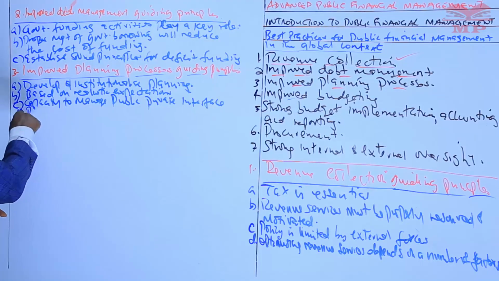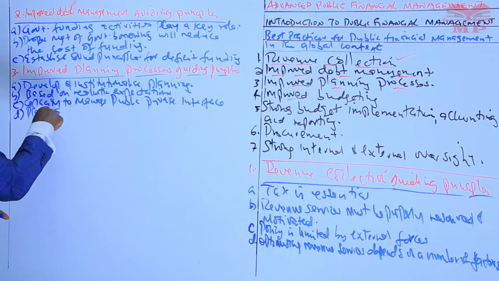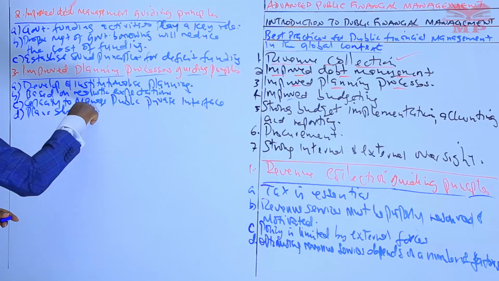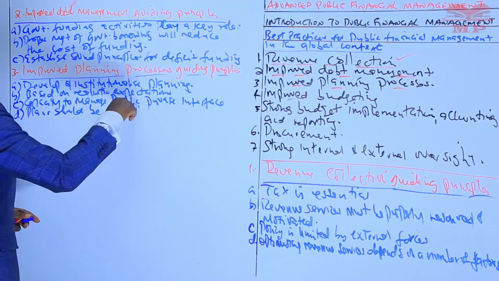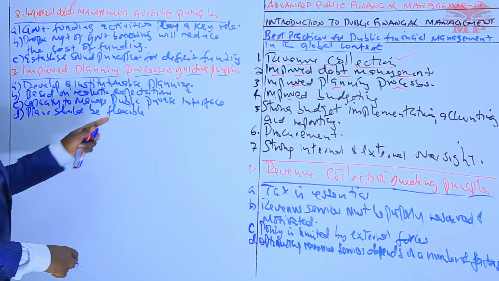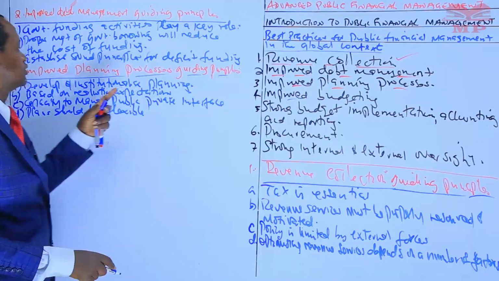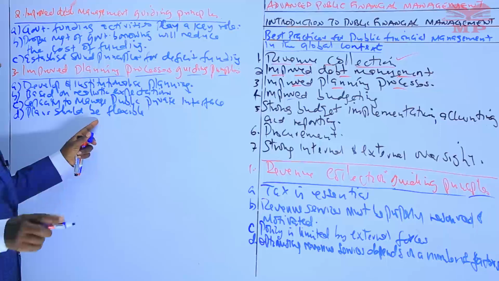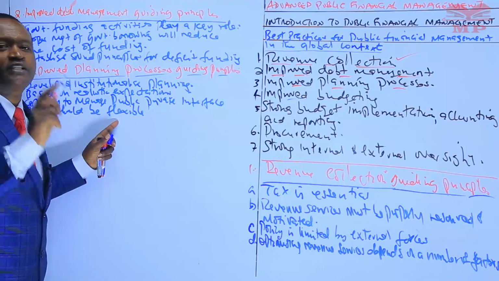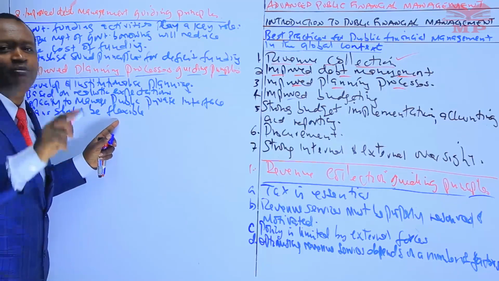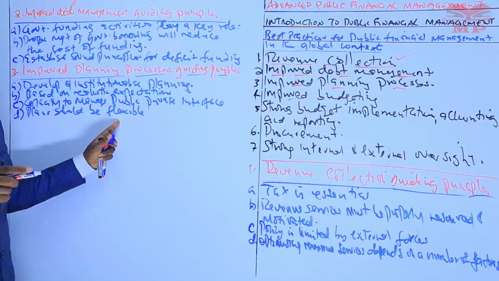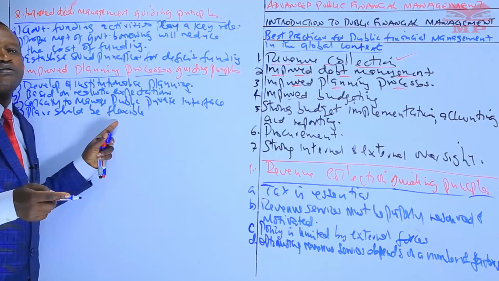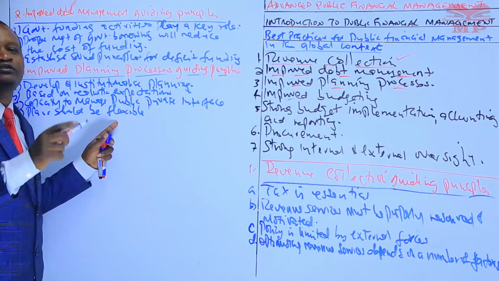D, plans should be flexible. We are discussing guiding principles in improved planning processes. Plans should be flexible and revisited periodically as circumstances change and plans fall out of date.